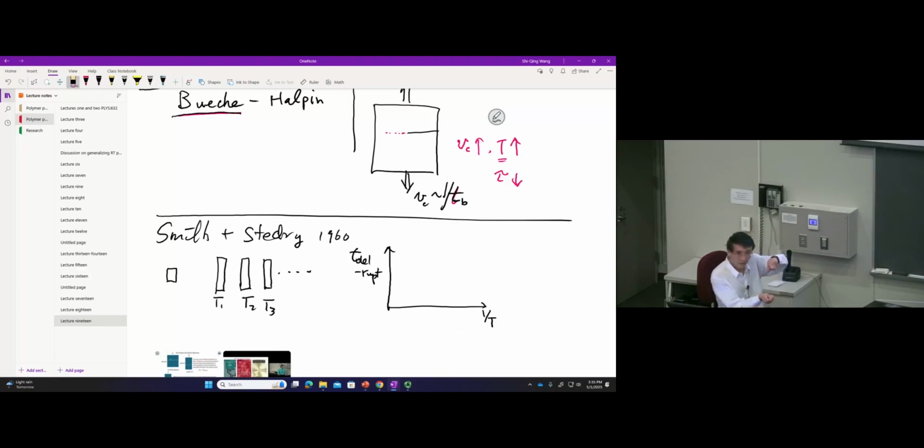The chain already happily adjusted to whatever level of stretching that you did and sits there. And you wait. At the colder temperature, you wait longer. This is an experiment that went as long as 1 week of waiting. Very patient experiment.